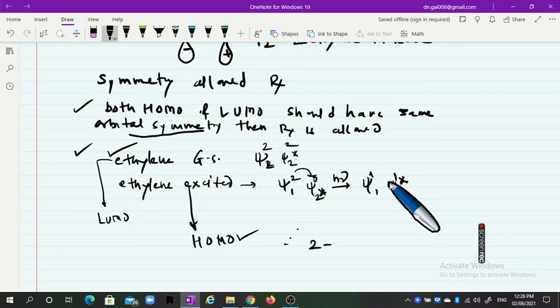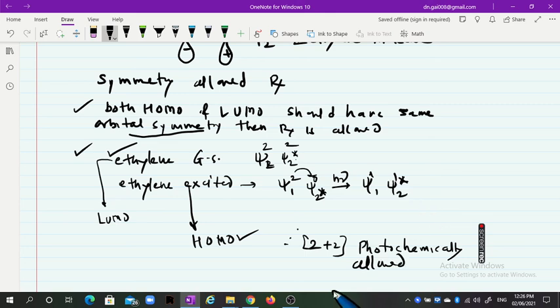Therefore the 2 plus 2 reaction is a photochemically allowed reaction because symmetry exactly matches. This is all about the 2 plus 2 reaction. The FMO approach is what we used in this 2 plus 2 reaction. Thank you very much.